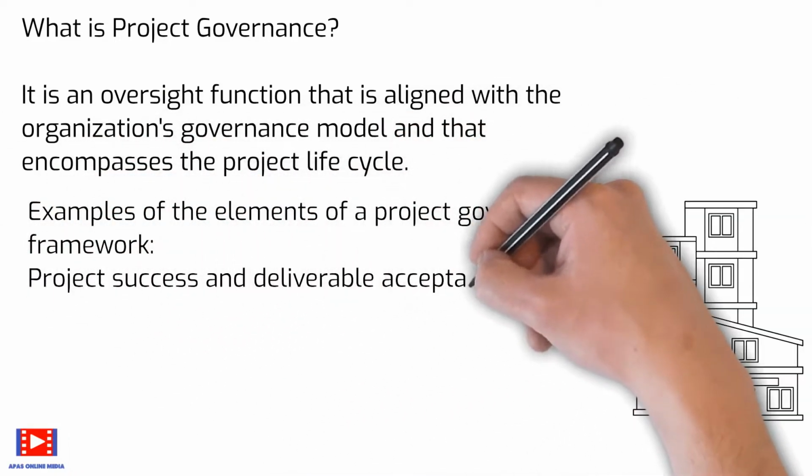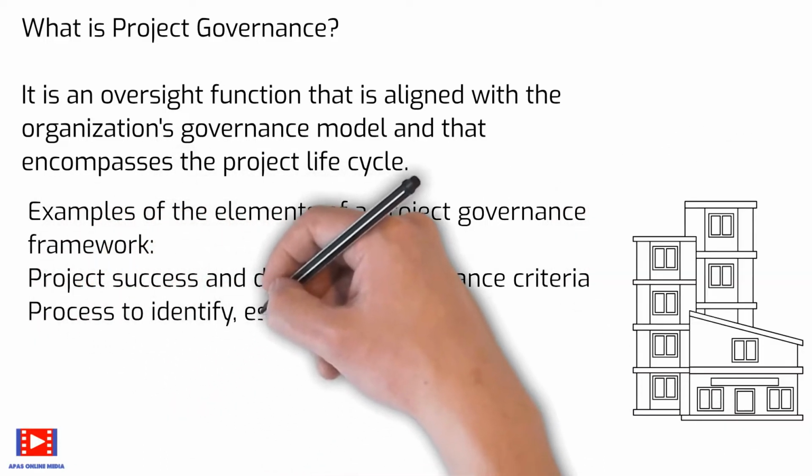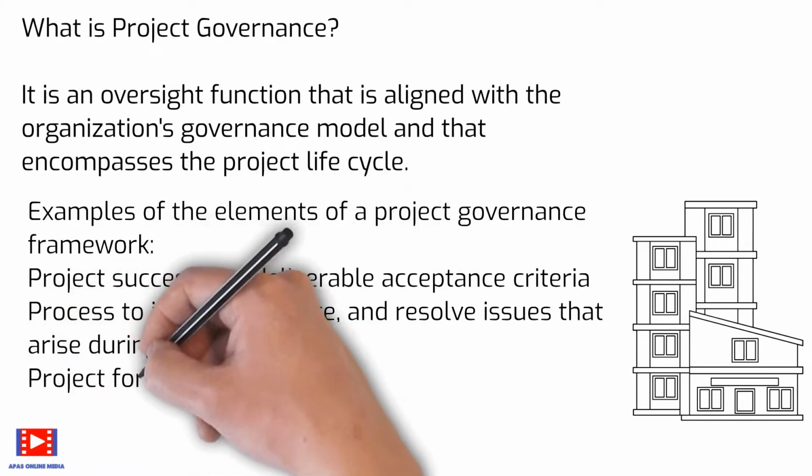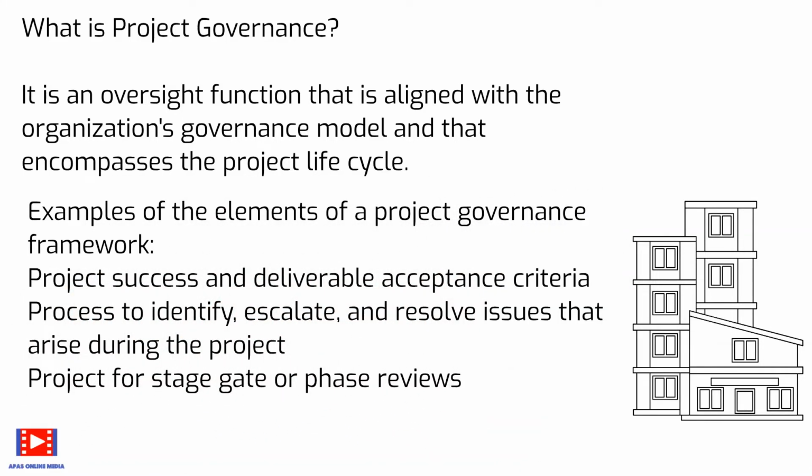Let us now look into some examples of the elements of a project governance framework. Examples could be project success and deliverable acceptance criteria that we set up step by step to ensure that the project is successful and all the deliverables are in line with the project success.